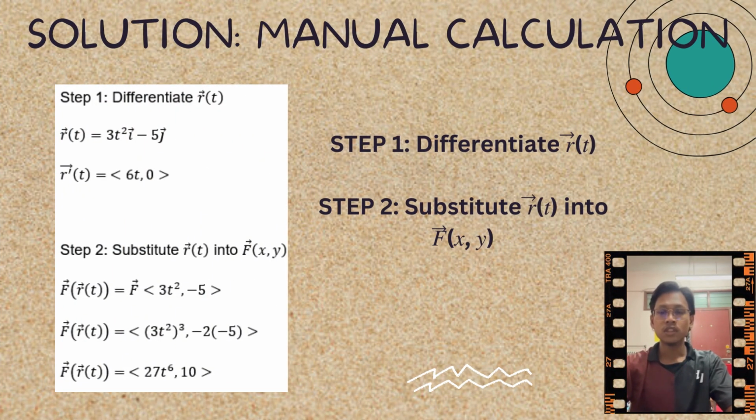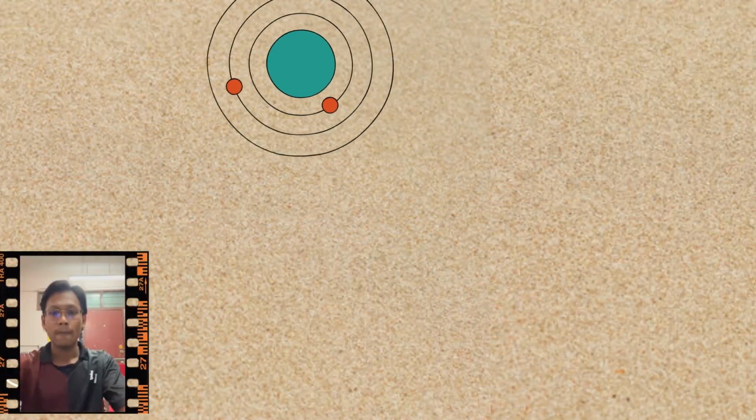Okay, for the solution by manual calculation, for step 1, we differentiate vector r(t) and we get the vector (6t, 0). For step 2, we substitute r(t) into our vector f(x, y) and we get (27t⁶, 10).